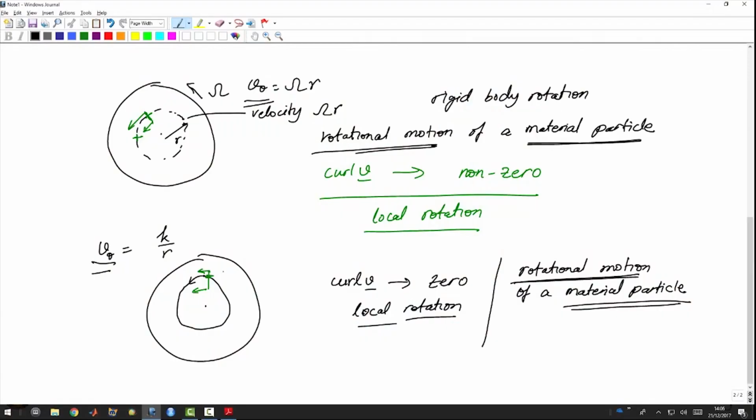If we just look at this object, it is going to continue to remain like this, while in this case it keeps on rotating based on how the flow is.